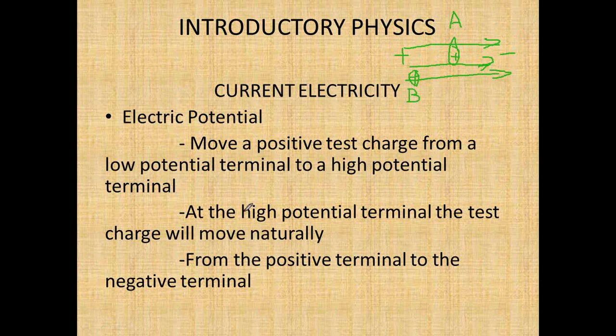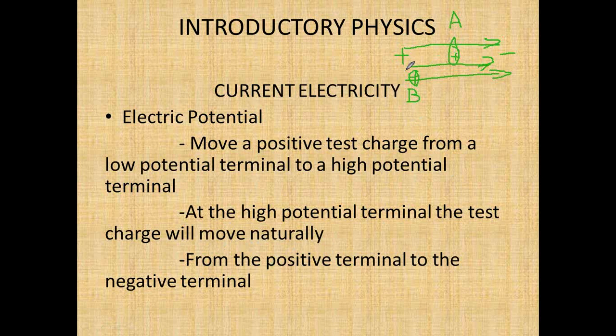Okay? What we're saying is that at the high potential terminal, that's right there, the test charge will move naturally towards the low potential terminal. So from the positive terminal to the negative terminal. So moving a positive test charge towards a positive source charge, you're going to increase its electric potential energy.